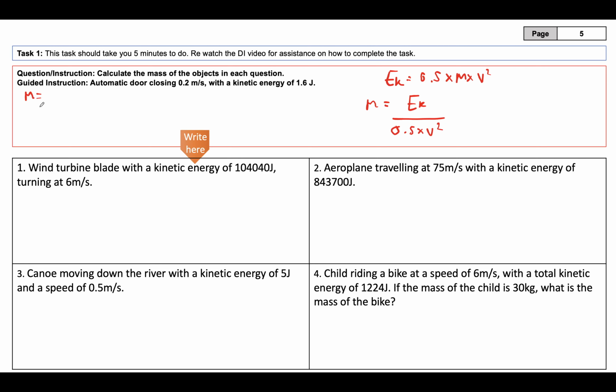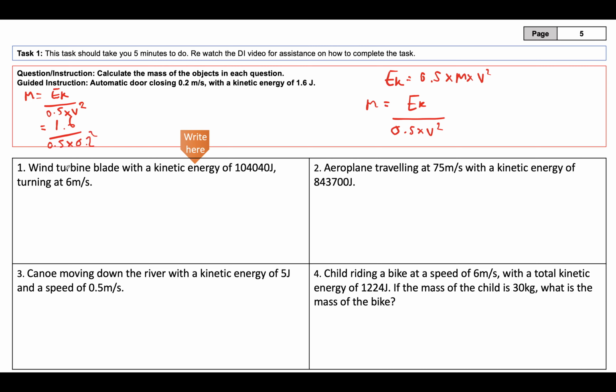As always, write the equation. So kinetic energy over 0.5 v squared, and our kinetic energy in this instance is 1.6 divided by 0.5 times 0.2 squared.